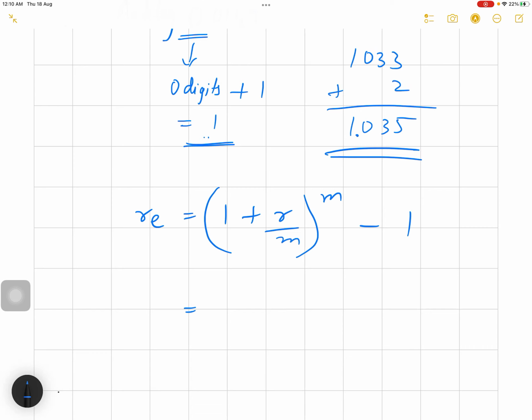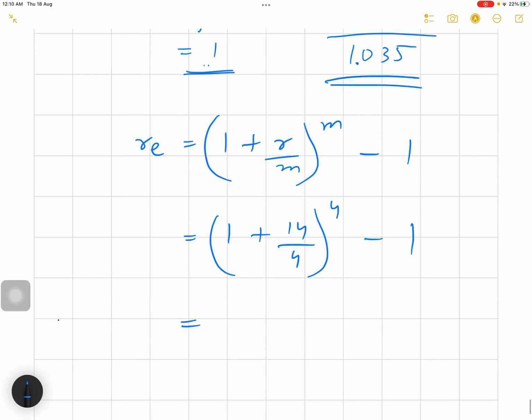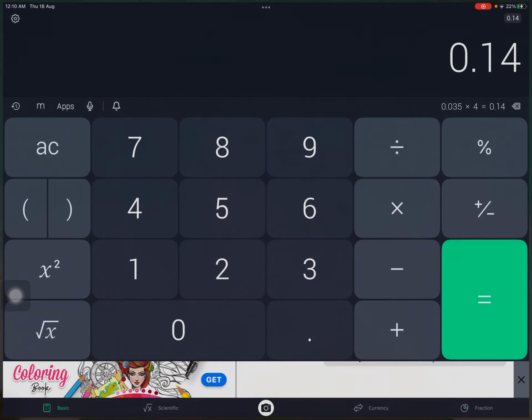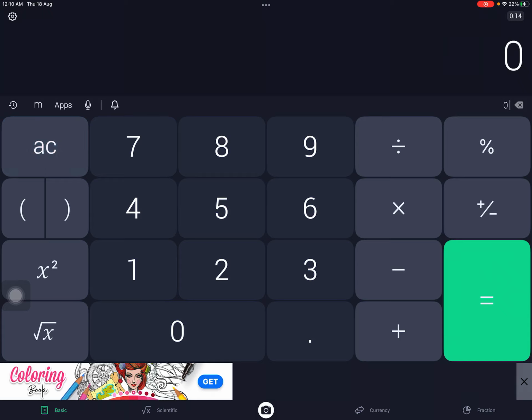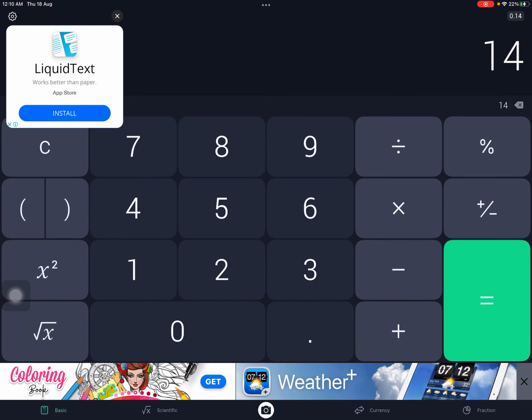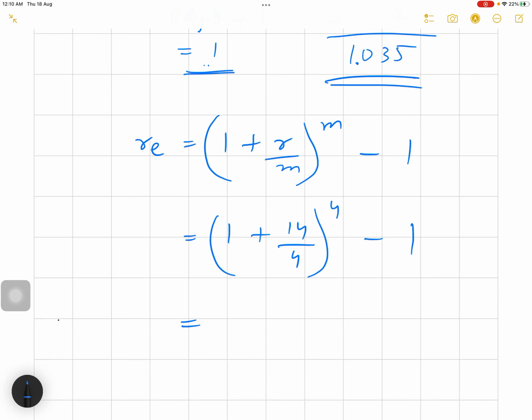So 1 plus 14 upon 4, because interest is computed 4 times in a year, quarterly. 14% means 0.14.